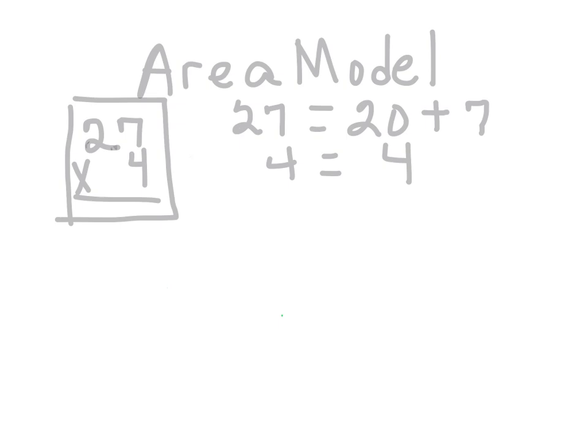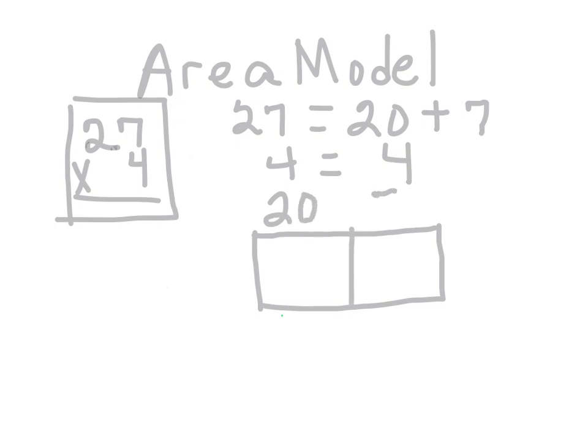So if I take 27, I know that I have 2 digits across the top, and then I have 1 digit for the other problem, so I only need 1 row. So now I get a rectangle that looks something like this, and I have 20, and then I have 7, and then I have 4.